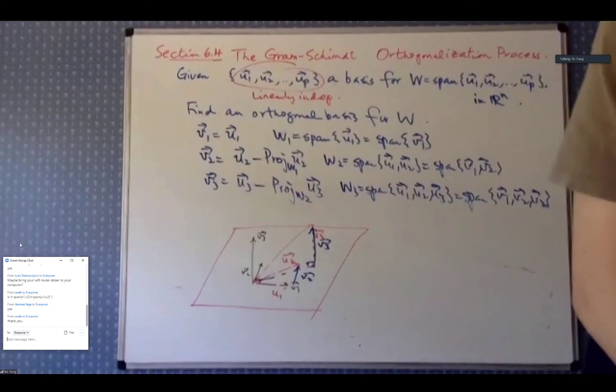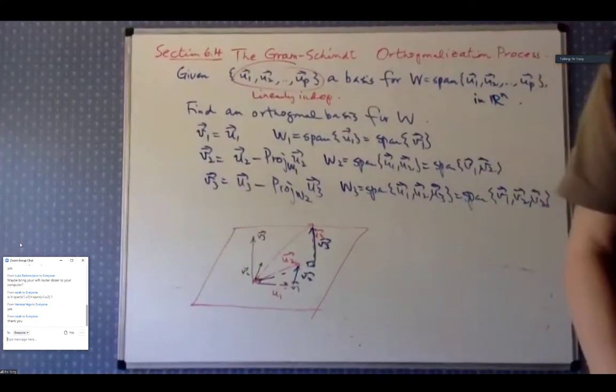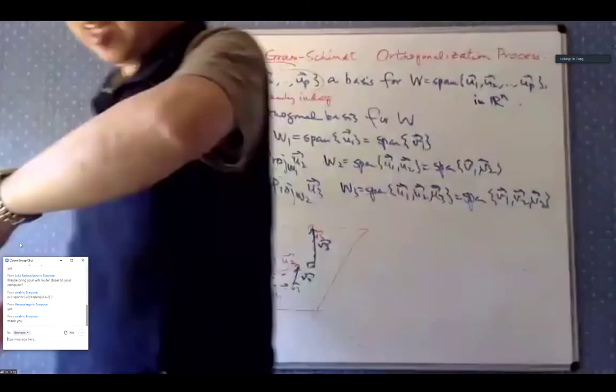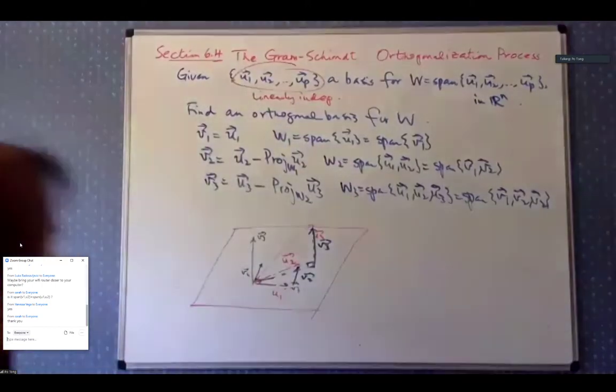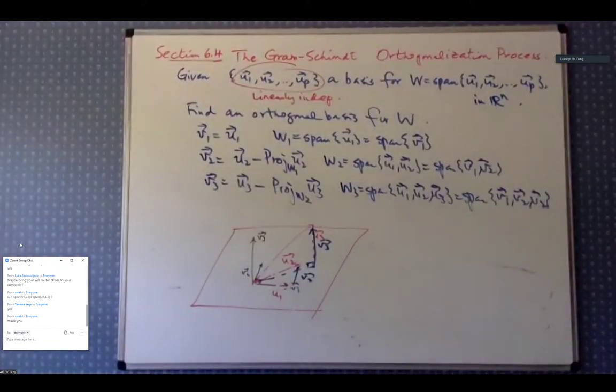Are we okay? I just need to do some actual example next time for this section, and then I can move on to the next section. The whole section is about this process, so it's important to be able to do that. It gives you a way to get an orthogonal basis.